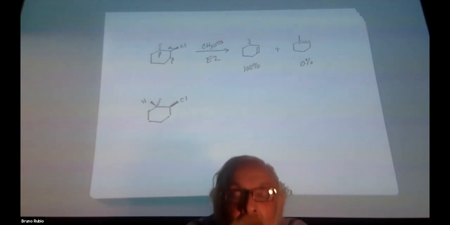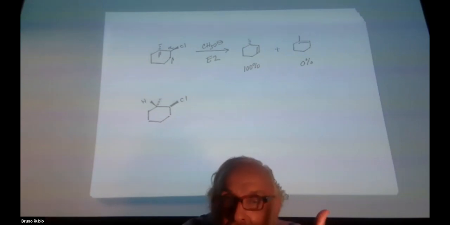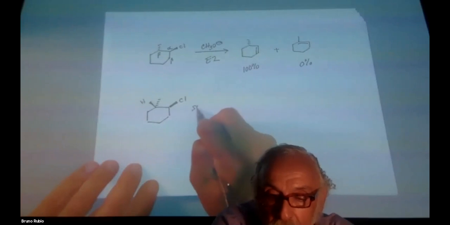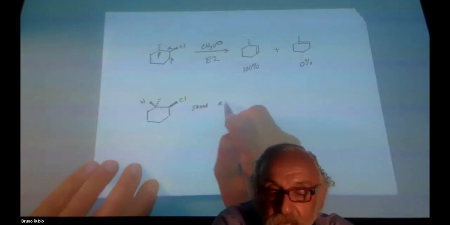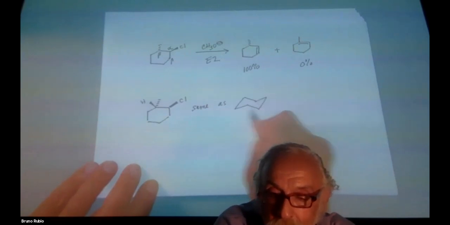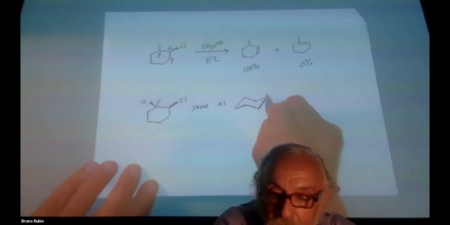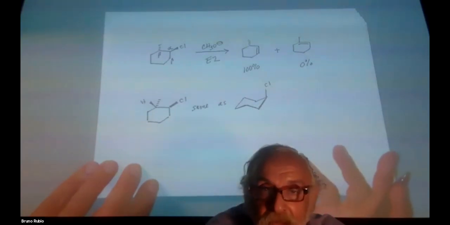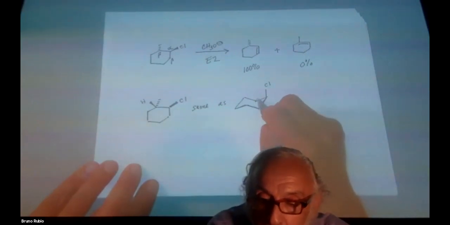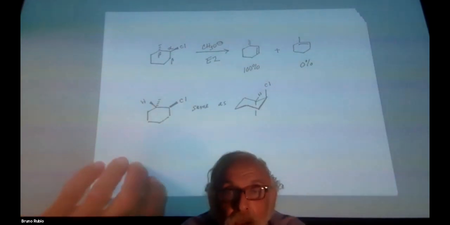How could that ever be anti? Anti means one is up and one is down. If we wanted to translate this into a chair conformation, we would see Cl is up here. I'm making it axial. The beta proton is equatorial, and that methyl group is axial down.